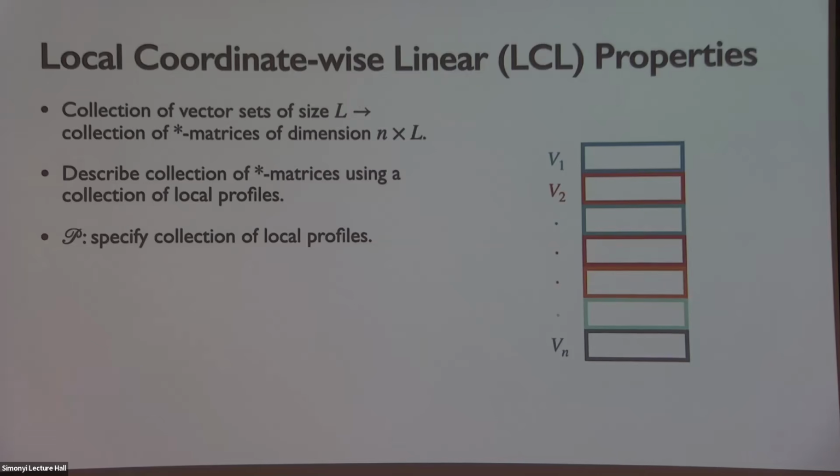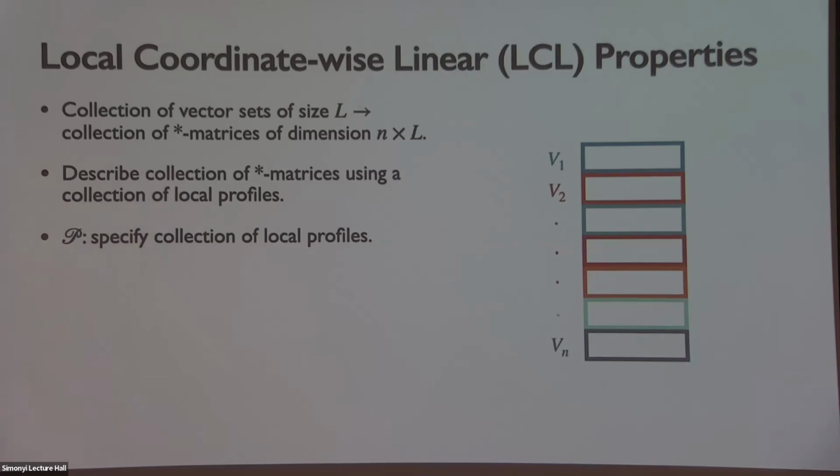It's describing a collection of star matrices. Think of them as a collection of matrices for now. It's describing those matrices such that the first row lies in V1, the second row lies in V2, the third row lies in V3, and so on and so forth. So I'm using linear constraints on the rows, and that's the way I'm describing my bad star matrices.